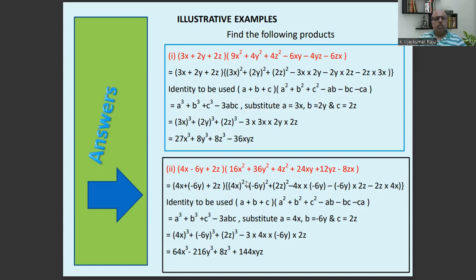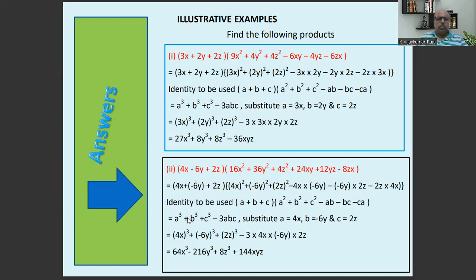So 4x whole square plus minus 6y whole square plus 2z whole square, minus 4x into minus 6y, minus minus 6y into 2z, minus 2z into 4x.